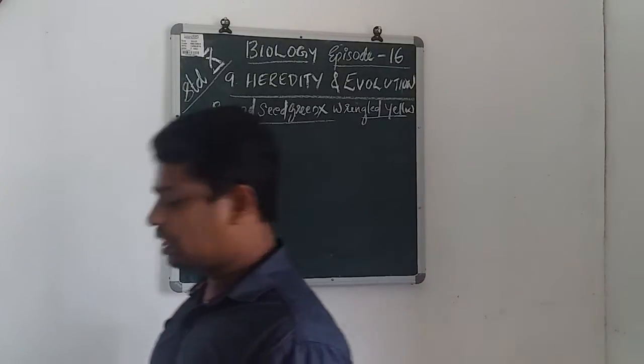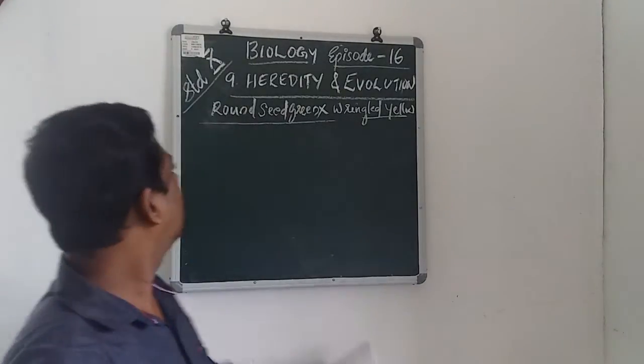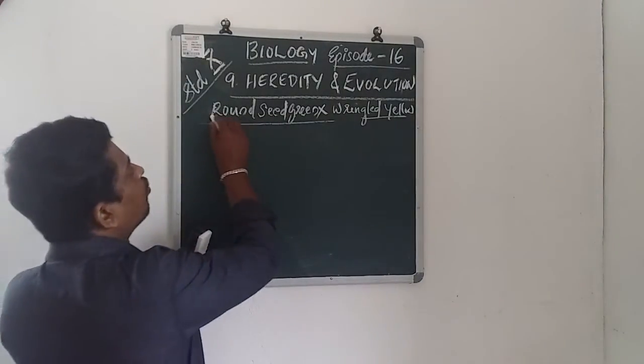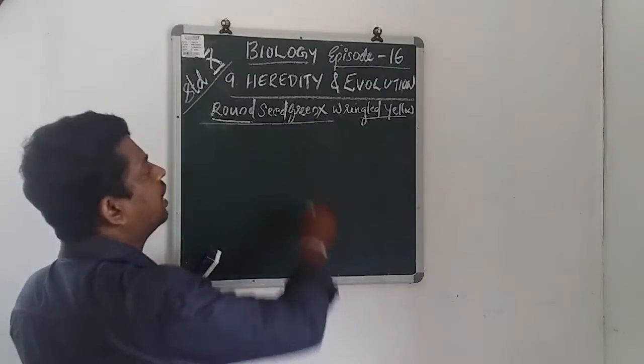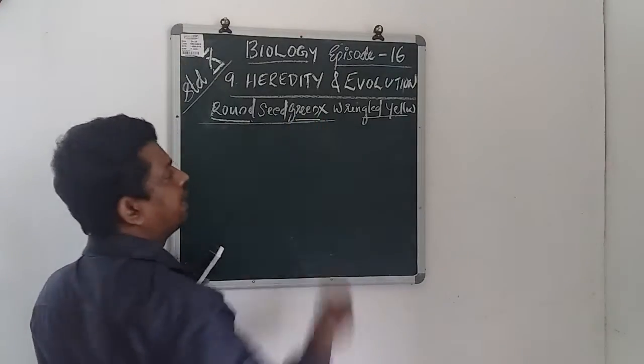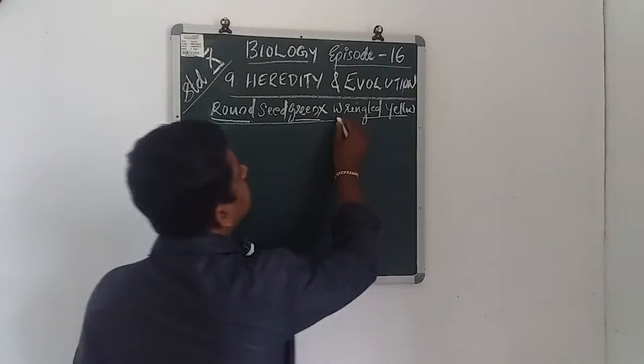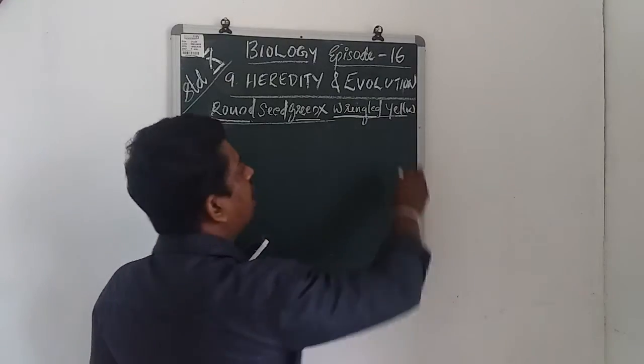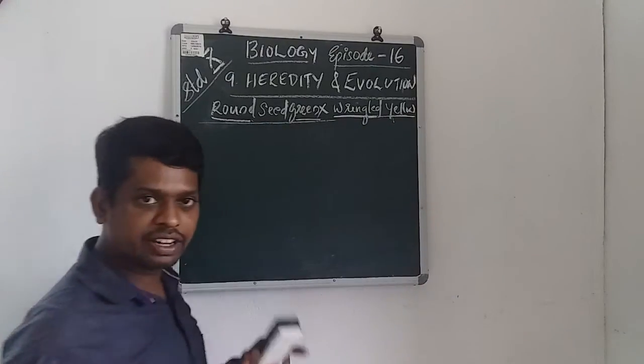Look at these characters. Round is one character, green is the next character, wrinkled is one character, and yellow is the other character.